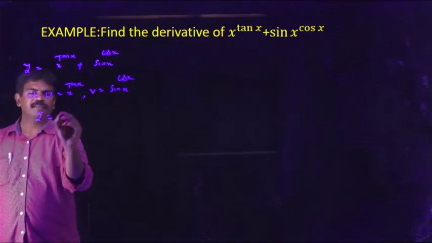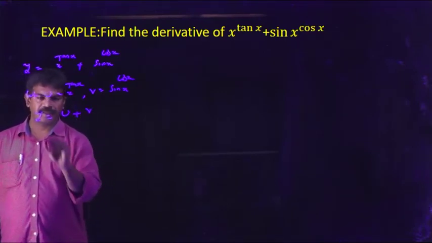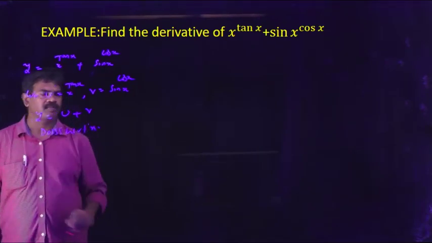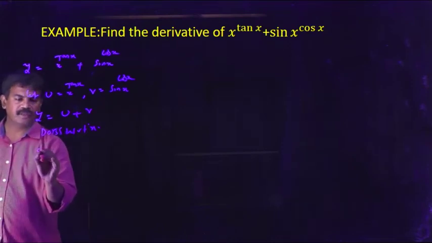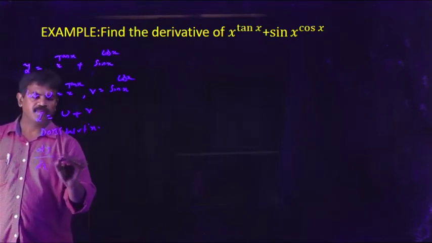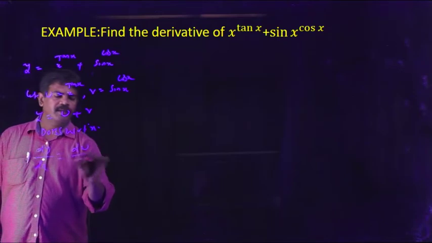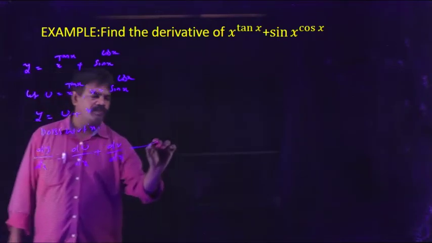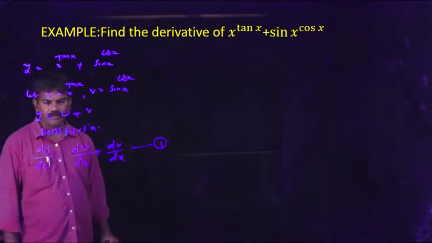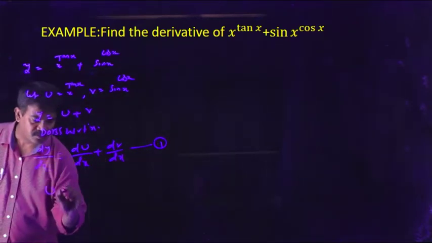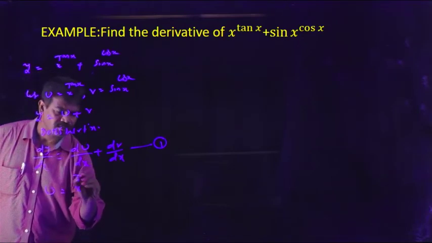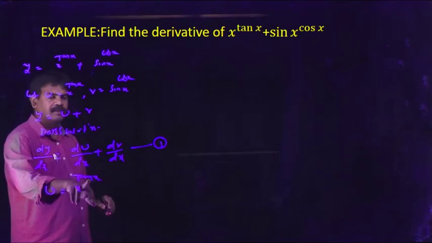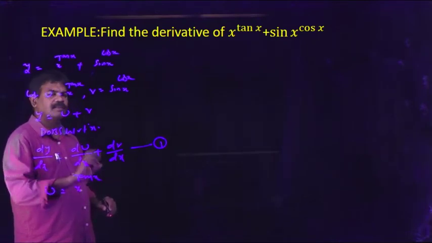We write y is equal to u plus v, differentiating on both sides with respect to x. So dy by dx is equal to du by dx plus dv by dx. Equation 1. Take u is equal to x power tan x. So the function is in the form of f of x power g of x.